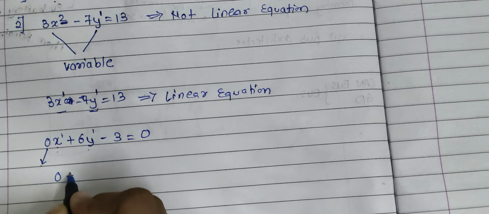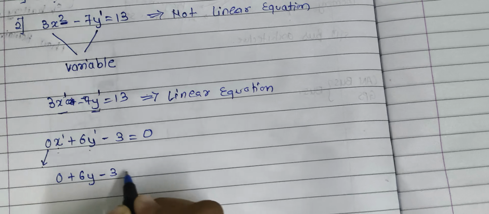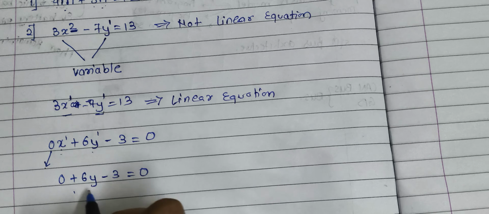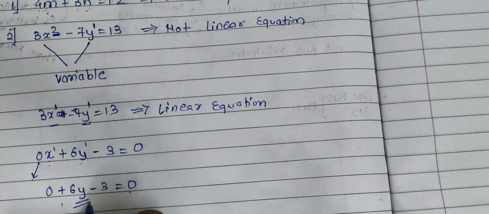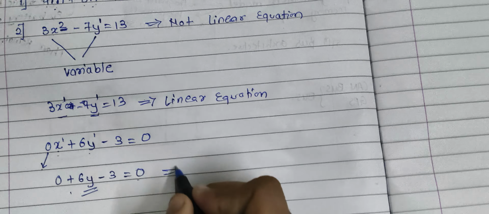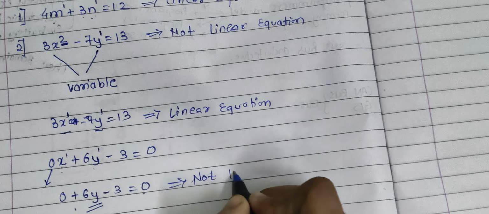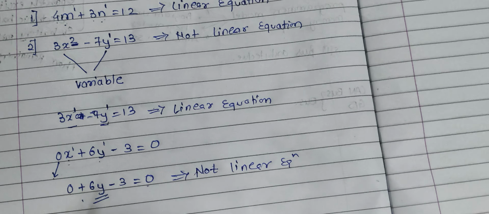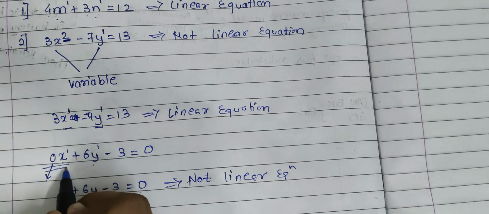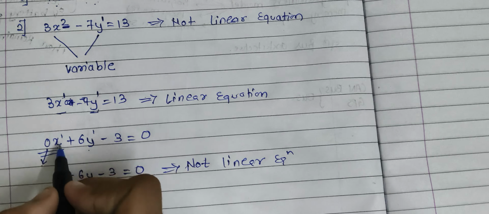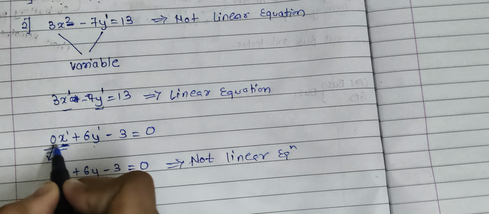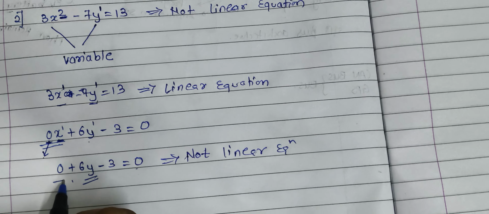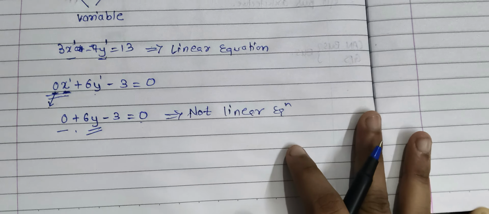So this is 0 plus 6y minus 3 equal to 0. Now this is a new equation which has only one variable, that is y. So this is not a linear equation, because anything we multiply with 0 becomes 0. Here we are multiplying the x variable with coefficient 0, which will become 0. That's why it is not a linear equation.